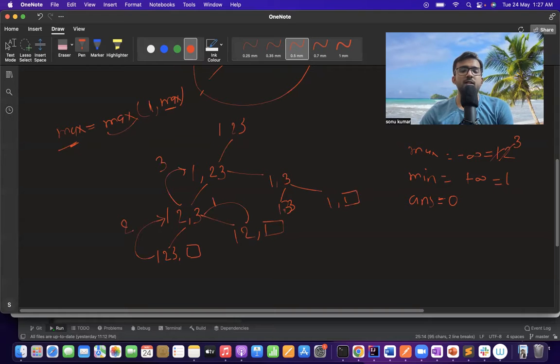So from here it will return 2, but for the single element, max and min are the same, so this will return 0. Adding 2 and 0, this will return 2, and this part will return 3 plus 2, which is 5, for 1 2 3, and again it will call, and so on.